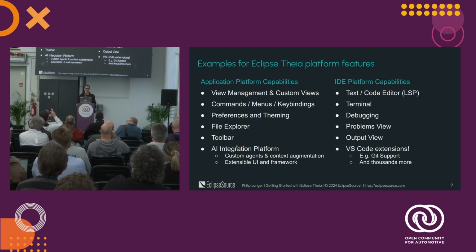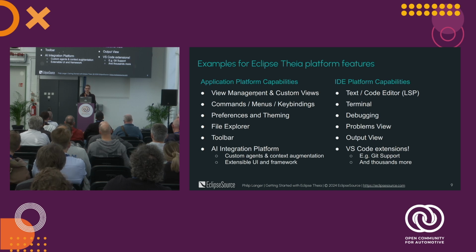There are, on the one hand, application platform capabilities, and on the other, IDE platform capabilities. That's also to say, with Eclipse Theia you cannot just build IDEs, but you can also build plain applications by just leaving out these capabilities in your particular tool.